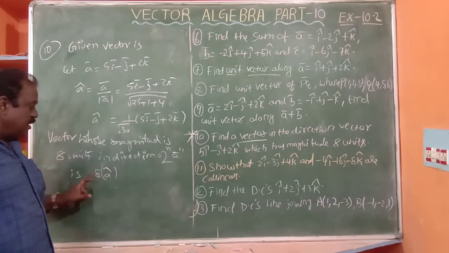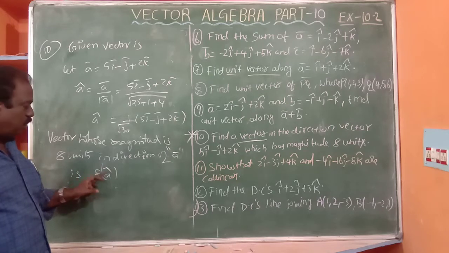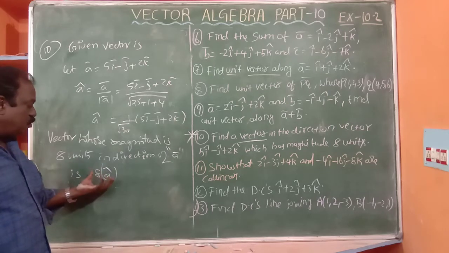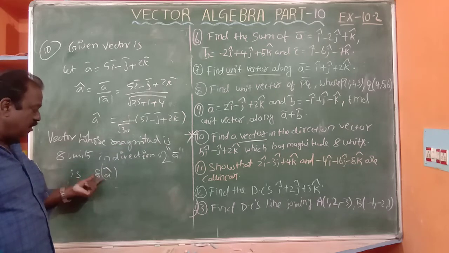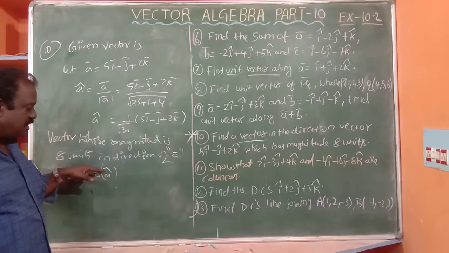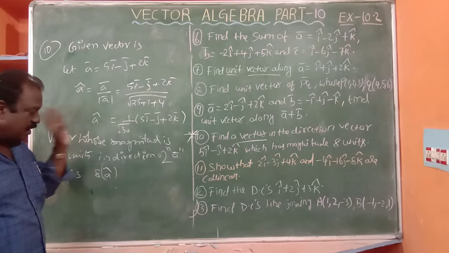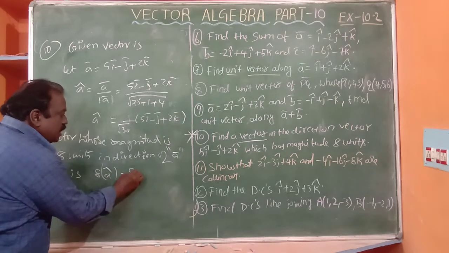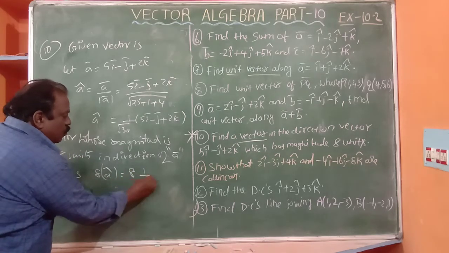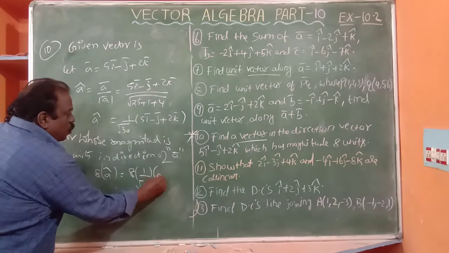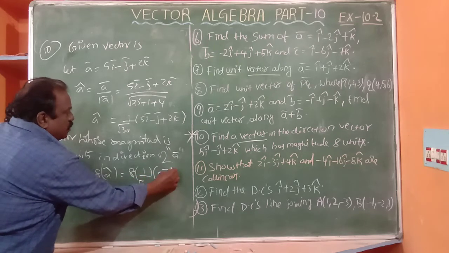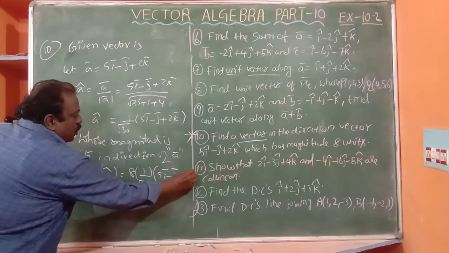Why? Because 8 into 1 unit. A cap means 1 unit. 8 into 1 is 8 units length. What is required? 8 units length, and its direction is the direction of A cap, that is A bar. So it is 8 into 1 by root 30 into 5i minus j plus 2k.